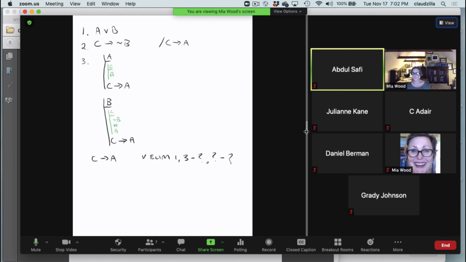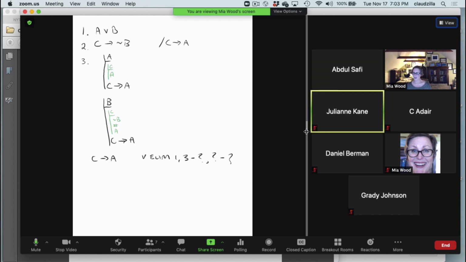Before we start to fill in the blanks here, how are we doing, everybody, with this plan? Does the green nested subproof make sense for each of our disjunction elim sequences? Yeah, so far. Okay, good.